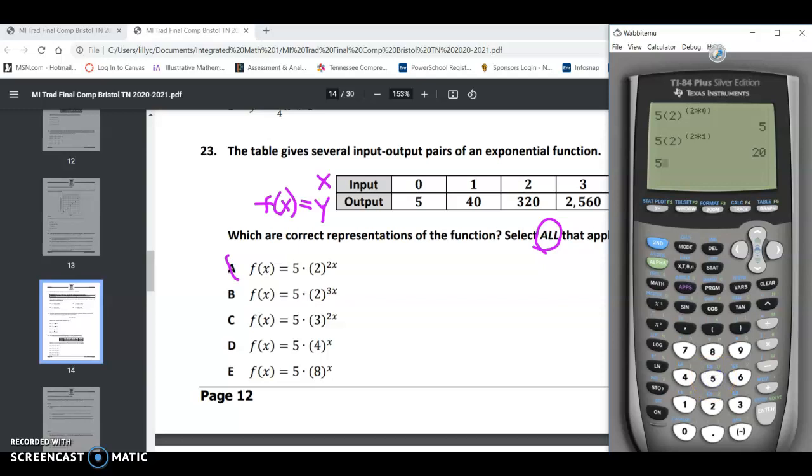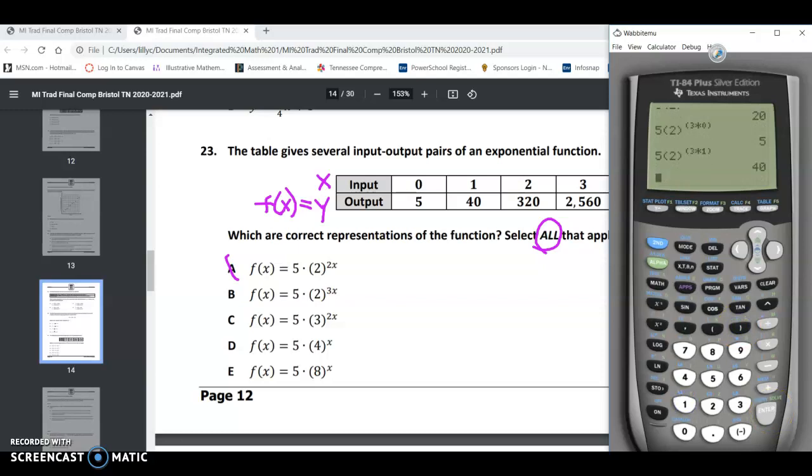So we're going to have 5 times 2 raised to the, and we're going to do 3 times 0 to begin with. And that gives us 5. So again, the first one works on the second equation. So we're going to do 5 times 2 raised to the 3 times x, where x is going to be 1 this time. Okay, that one says 40.